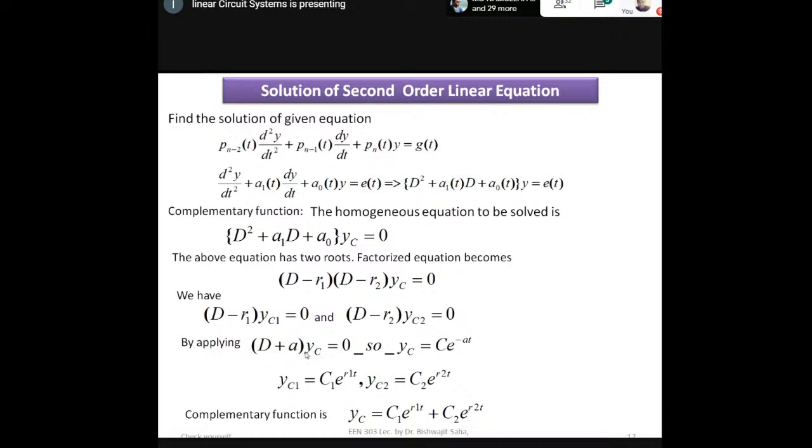This is for the first order equation, so we write y equals C e to the power minus at. Can you see that this line is similar to the equation on slide number 1, the first order equation? So in the first order equation, we found y equals C e to the power minus at.